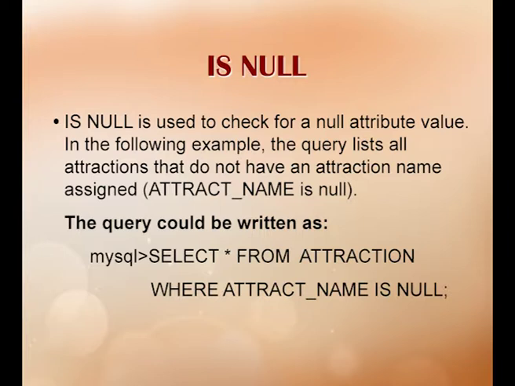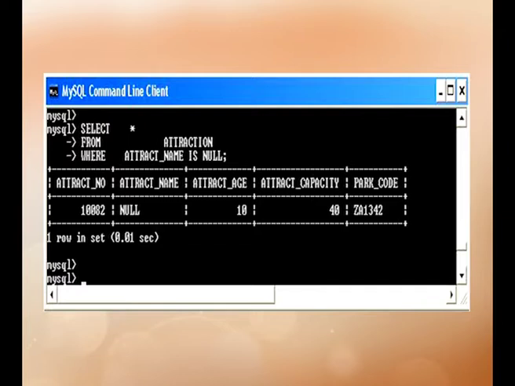So it is a kind of checking factor. Whenever there is a null value present in the attraction table, that needs to be displayed. Select star from attraction table where attraction underscore name is null. Here the attraction with number 1002 was displayed. Against this particular attraction number, no attraction name was given, so it got displayed.